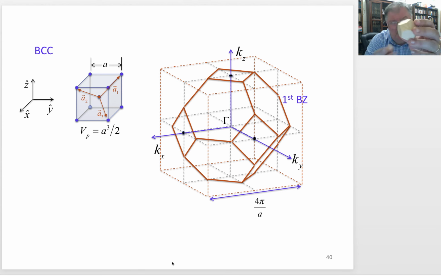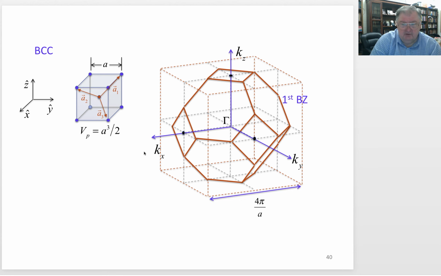In other words, now let's go back to our picture on the slide here. The gamma point is always defined as the center point, the zero, the origin, in k-space of the first Brillouin zone. Whether I go from the origin to the center of this square, or the center of this square, or the center of this square, or the squares in the back that you can't see, and so forth, because of the symmetry, it's going to give me the same behavior.